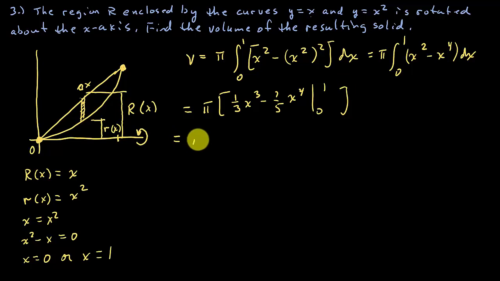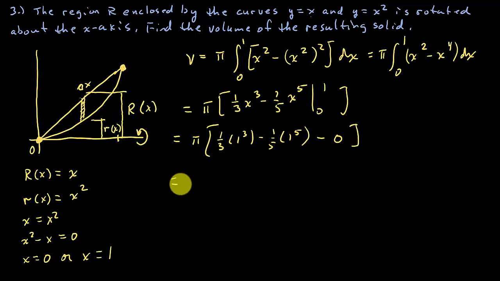That's going to be pi times 1/3 times 1 cubed minus, and I'm sorry, I made a mistake right here. You see the x to the fourth? That should be x to the fifth, times 1/5 x to the fifth minus, and then we do what? Then we plug the 0 in. But you can see if we plug the 0 in, that's just all going to go to 0. So I'll just put a 0 there. And so when I evaluate this, this is going to be what? 2 pi over 15. Okay.